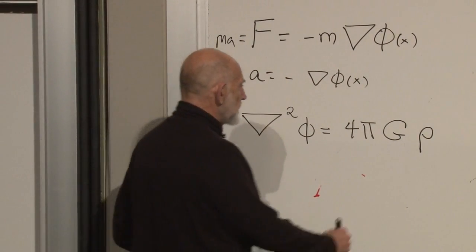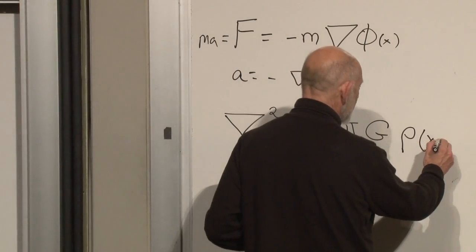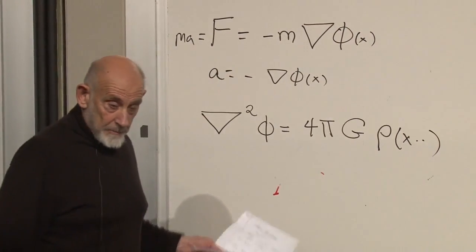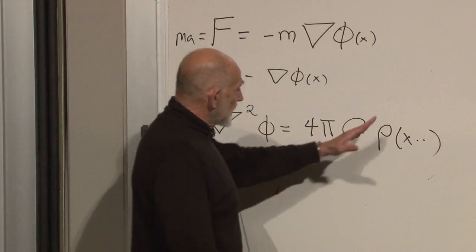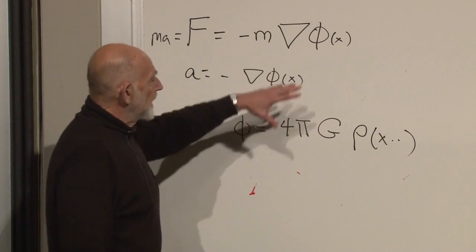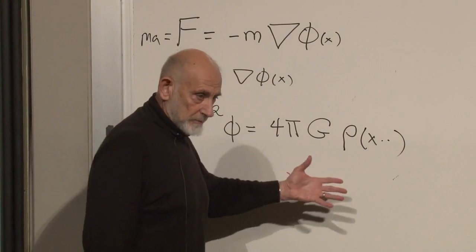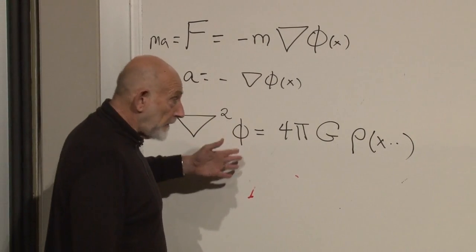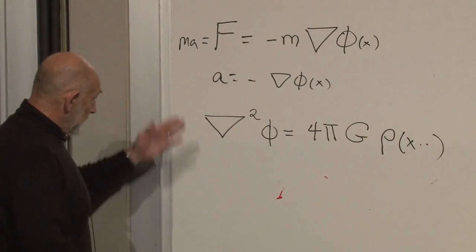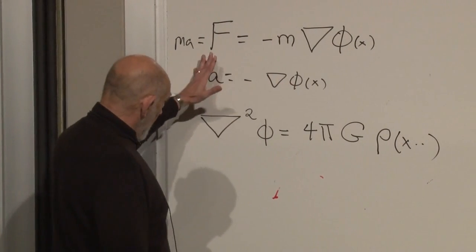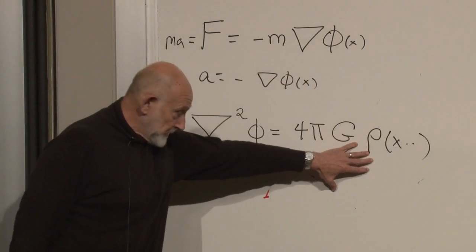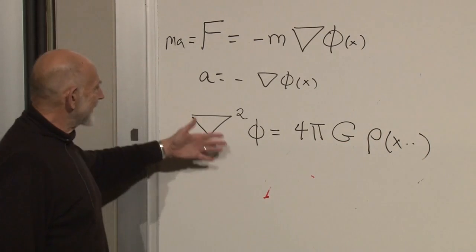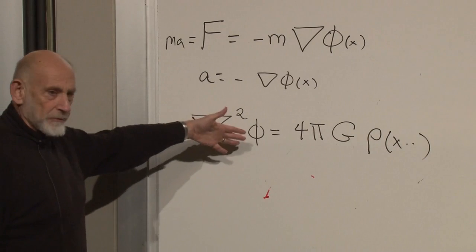The density of mass is a function of position. It's also a function of time. Masses can move around. So on the right-hand side, we have mass densities, sources. On the left-hand side, we have the gravitational field, phi. All right, so we have these two aspects. Field tells particles how to move, and mass tells field how to do whatever it is that it does.